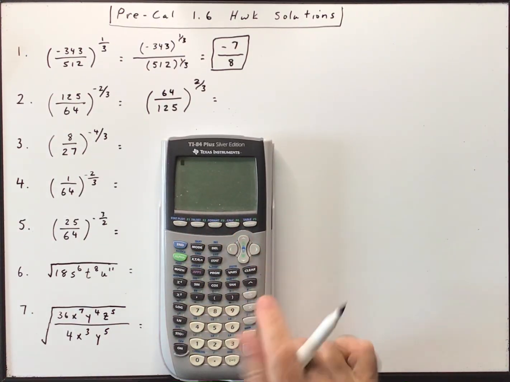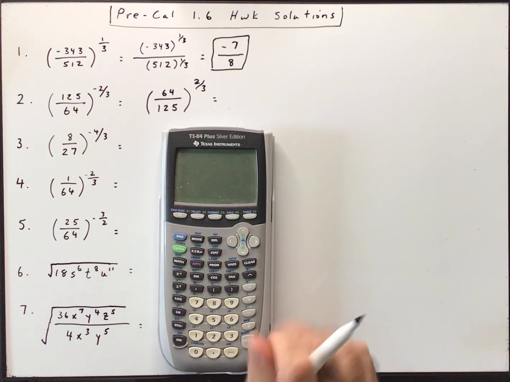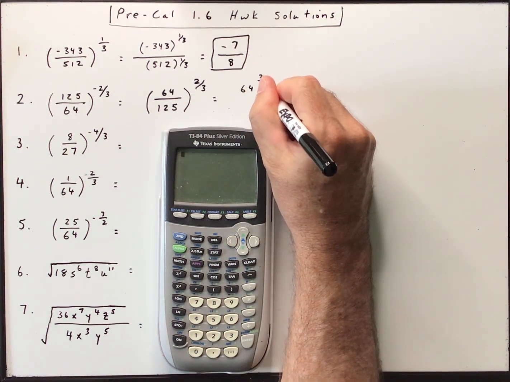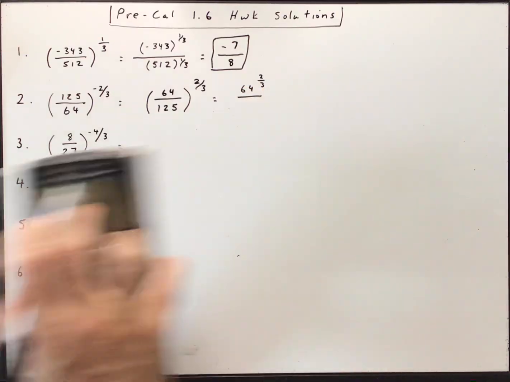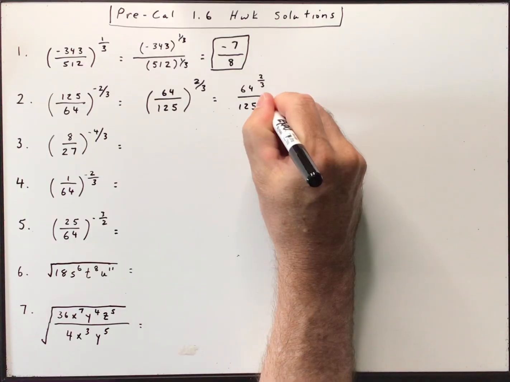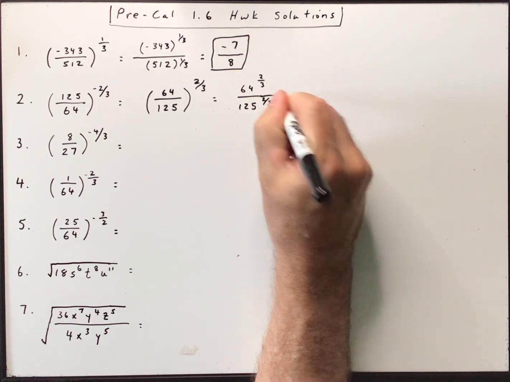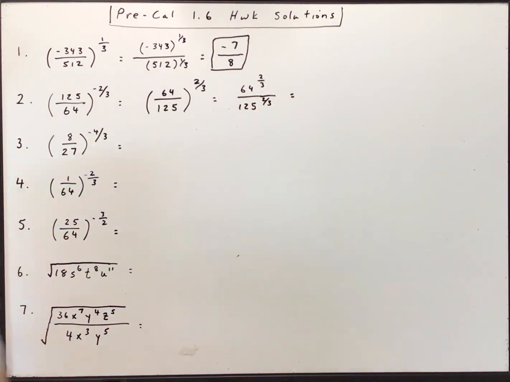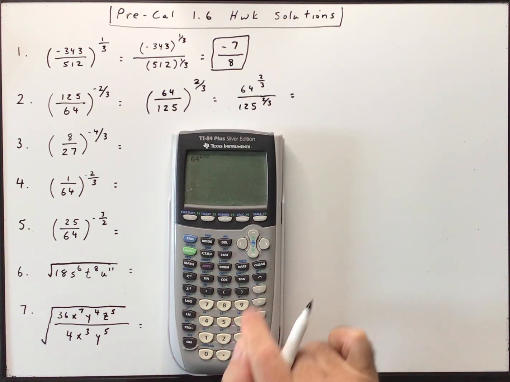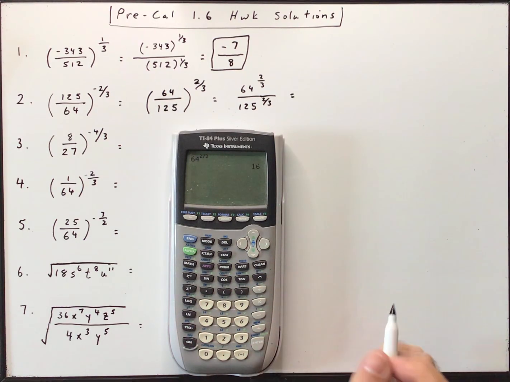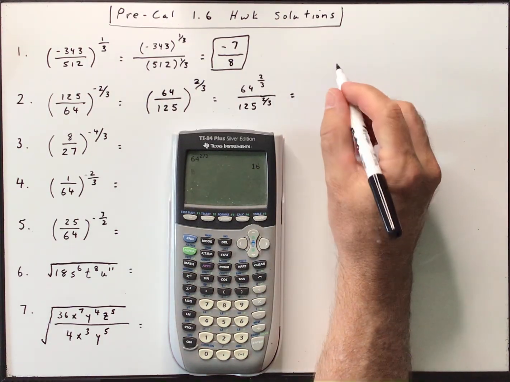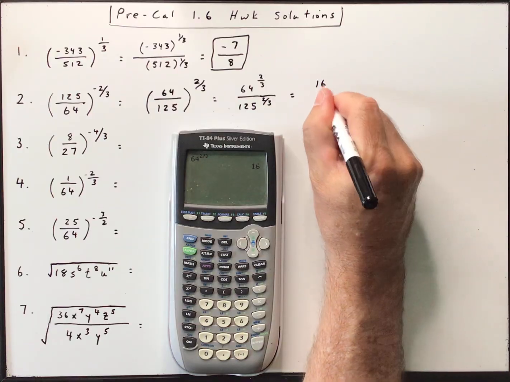All right, so that's the same as 64 to the 2/3 divided by 125 to the 2/3. So I'm just showing that for illustrative purposes, but 64 raised to the 2/3 power. So it's the cube root of 64, which is 4, and then 4 squared, and that's going to be 16.